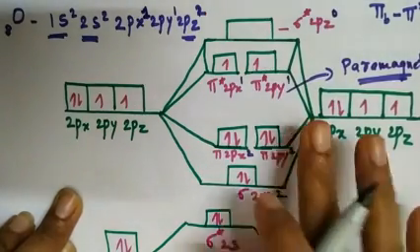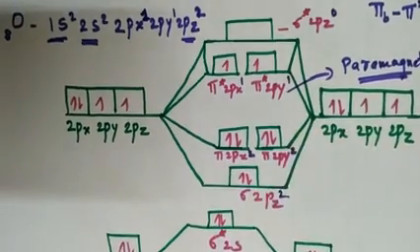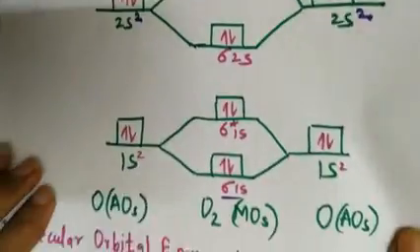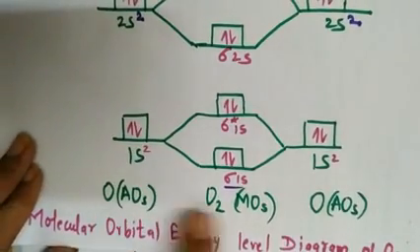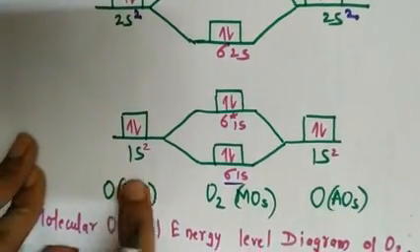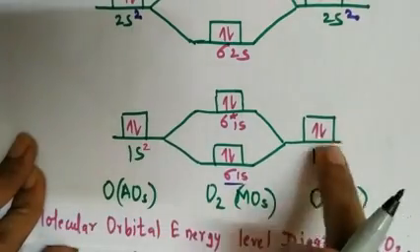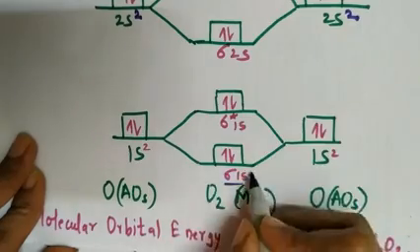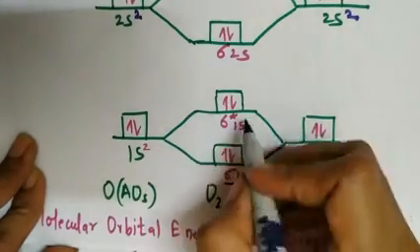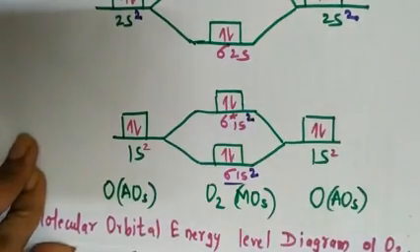Now, getting everybody, a short revision once again. For 1s orbital, first we write 1s of both the oxygens: 2 electrons in sigma 1s2 and another 2 electrons in sigma star 1s2, right?